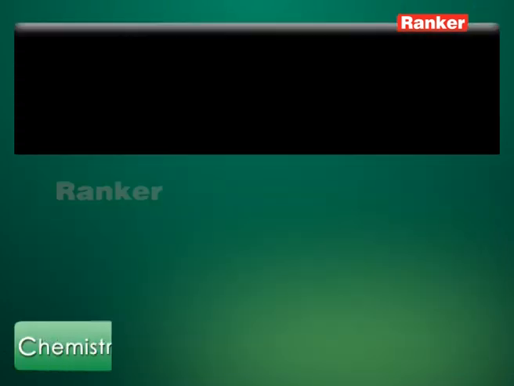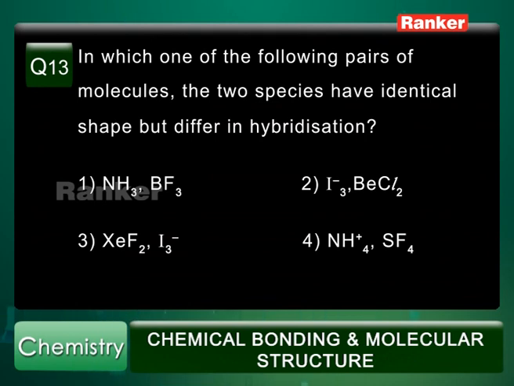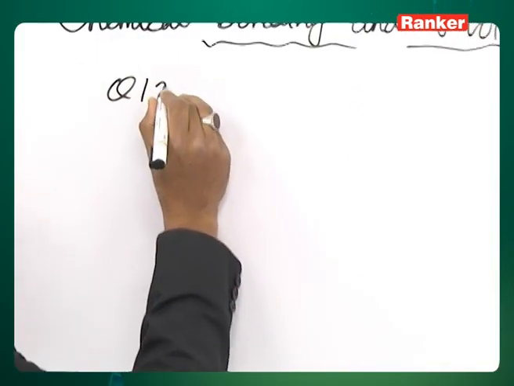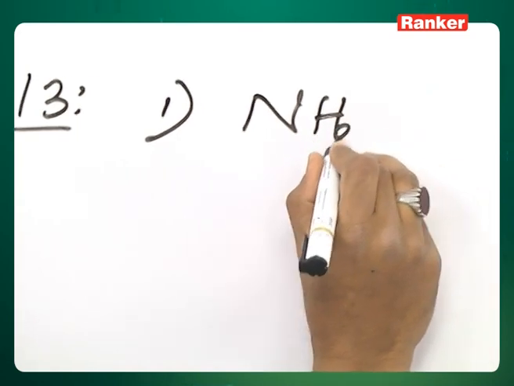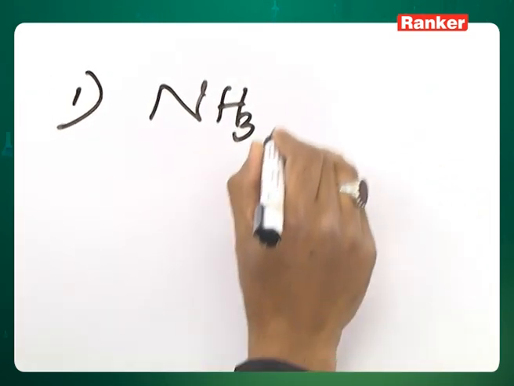Question number 13. In which one of the following pairs of molecules do the two species have identical shape but differ in hybridization? Shape is identical but hybridization is different. Look at the options. Option 1 is a pair of ammonia and BF3.